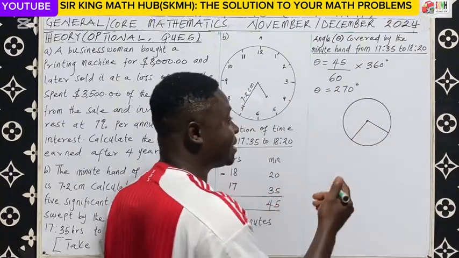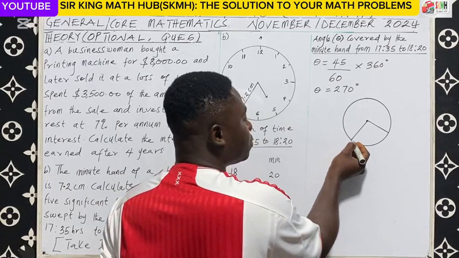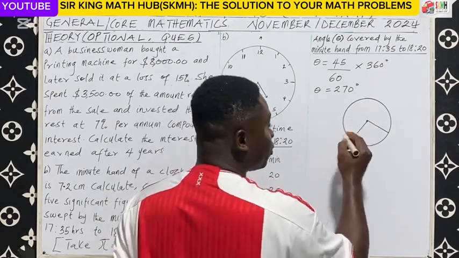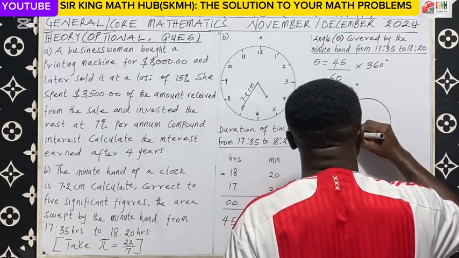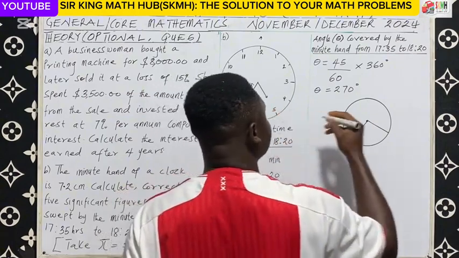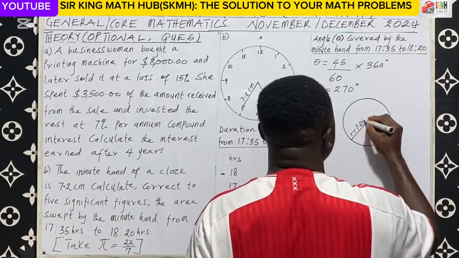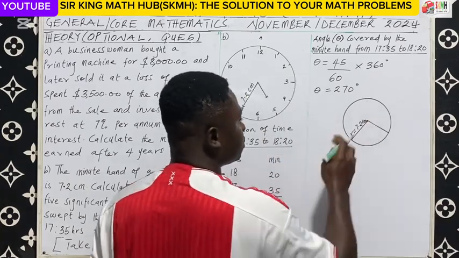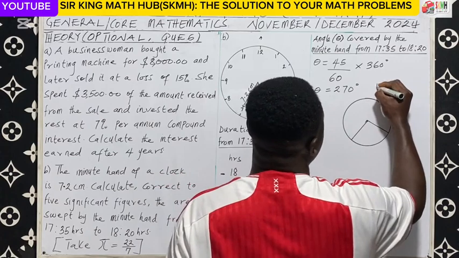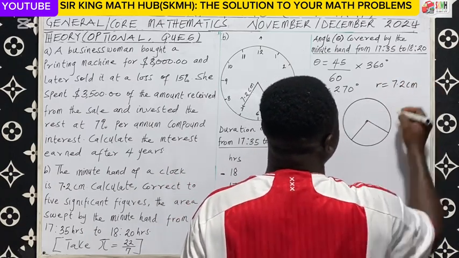And don't forget that from the center to the end of the minute hand for this particular circle, that will be the radius. Indirectly, that is the length of the minute hand, which is given as 7.2 centimeters. So the radius is 7.2 centimeters.